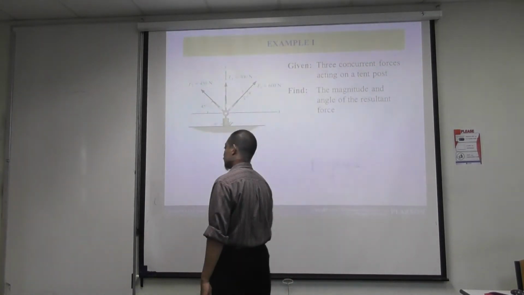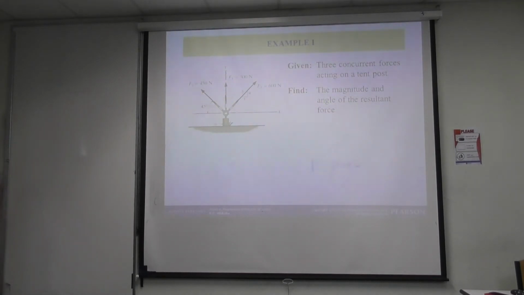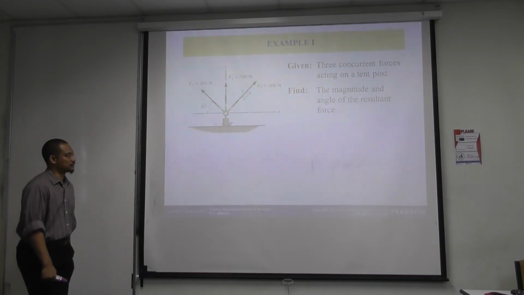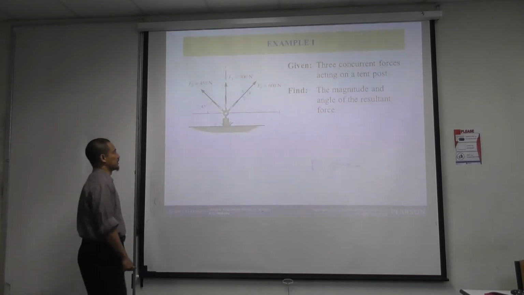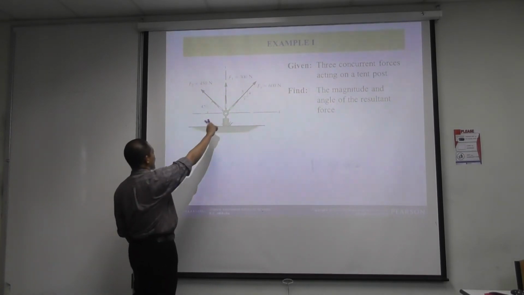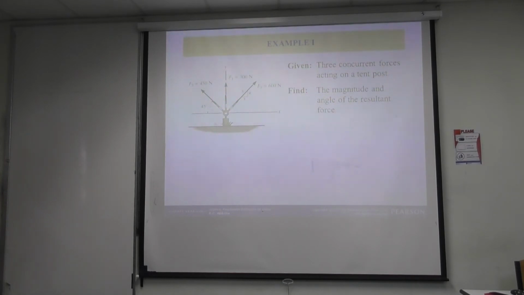Okay, relating back to the problem solving strategy, IPE. The first one, do you have any problem interpreting what is given and what is needed? What is given is the forces and the angles, right? What will the final answer be? If you read the question, what should the final answer be?